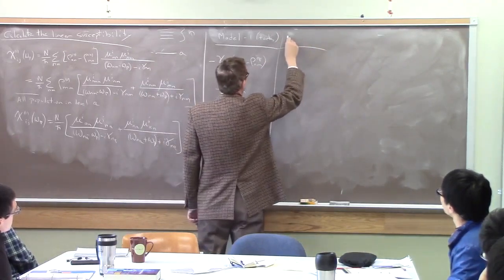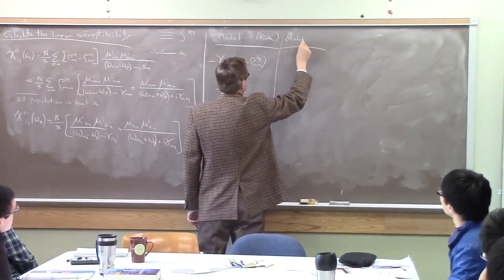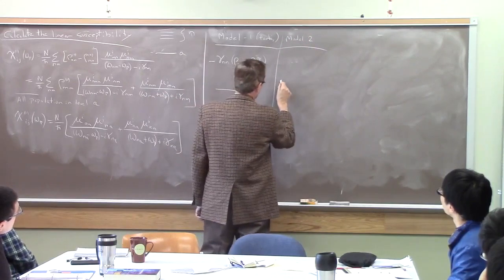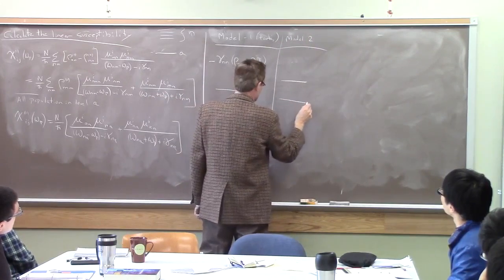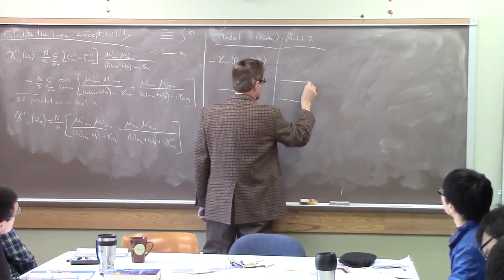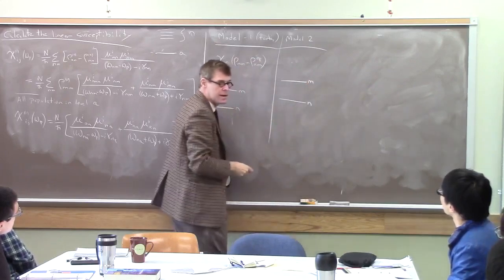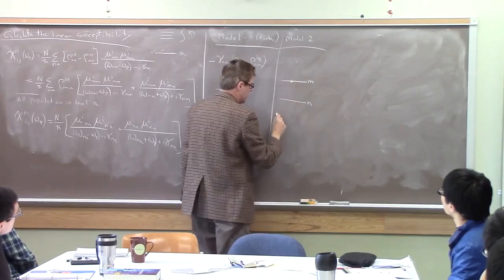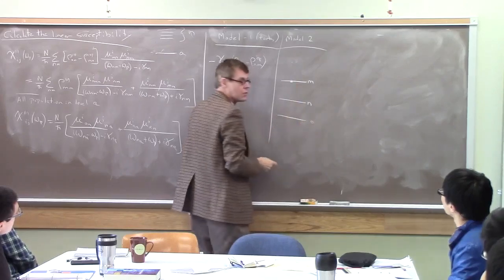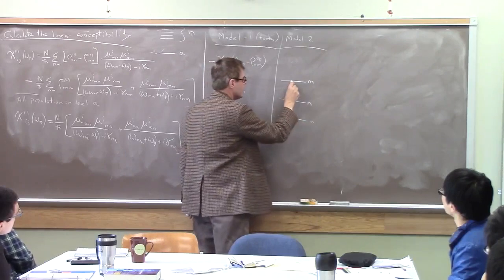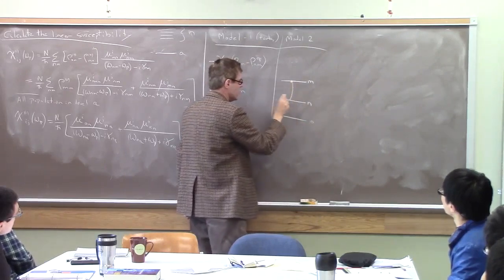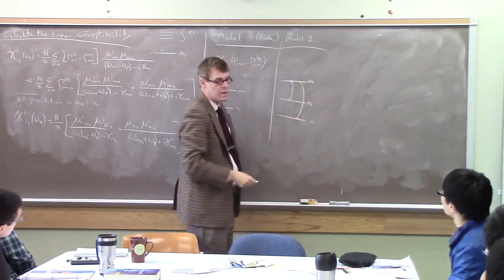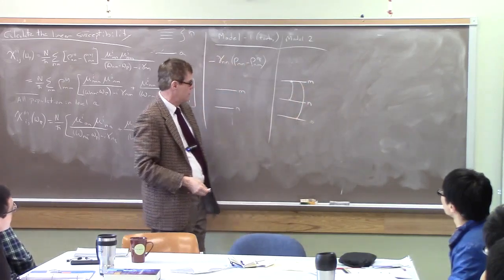But now model 2, I won't write down the equation, but let's say this is n and this is m. I'll put this O for other. When this level loses population, it could lose population to this level, or it could lose population to these other levels.